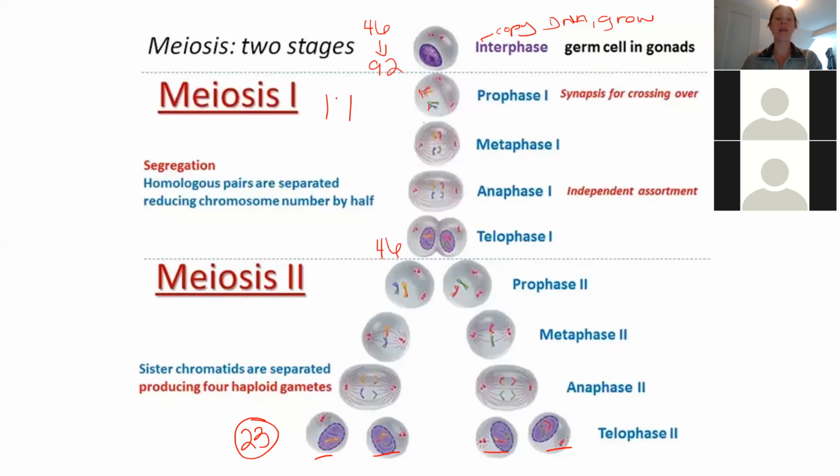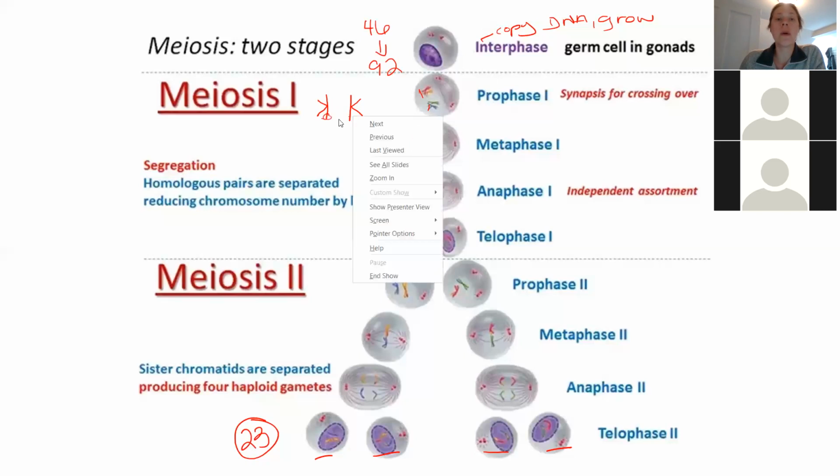Now they look like X's because remember we copied the DNA in interphase. So mine are going to look more like K's, so I have room. So there's two sets here and they're identical. What happens in prophase is these chromosomes can actually swap a little bit of DNA. So these can switch up.